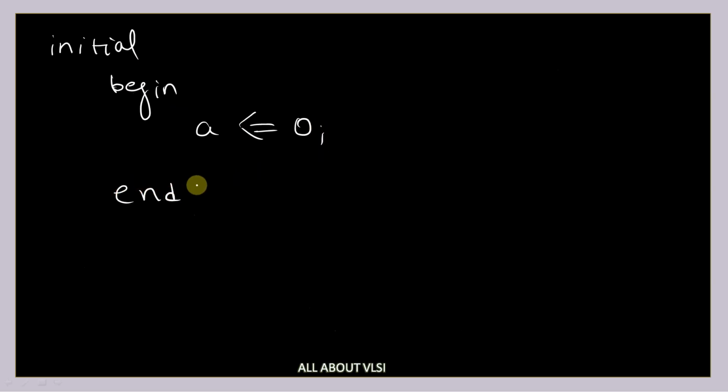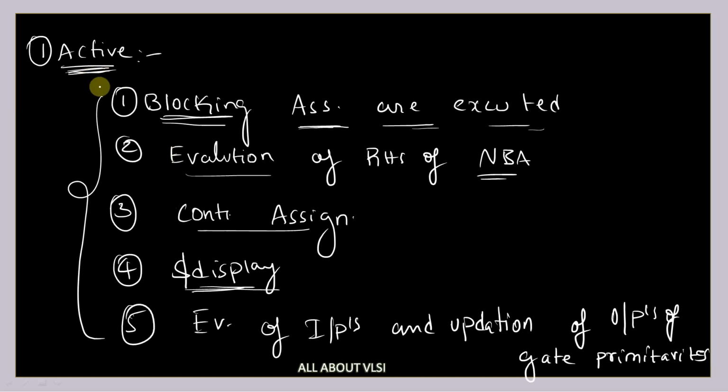Okay. Now let's say I have initial begin A non-blocking 0 end. Simply I'm writing a non-blocking assignment of 0, and now what is going to happen in the case of the active region?